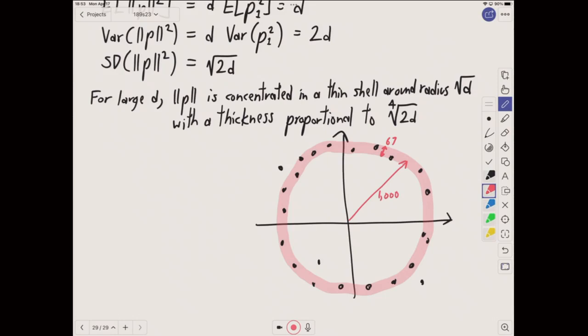So I hope you agree that it's counterintuitive that when you choose a bunch of random vectors from a normal distribution that they all have almost the same length, but it's true. And there's a statistical principle hiding here, because remember what you learned from statistics. Suppose you want to estimate the mean of a distribution.